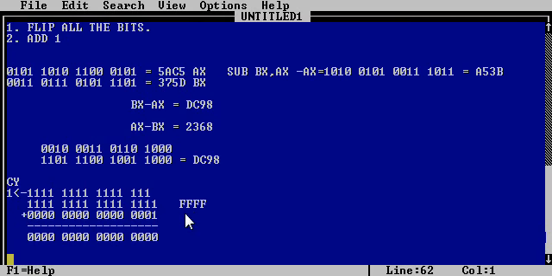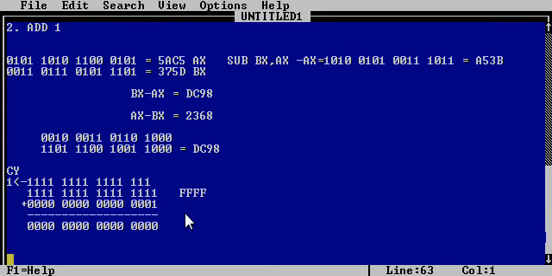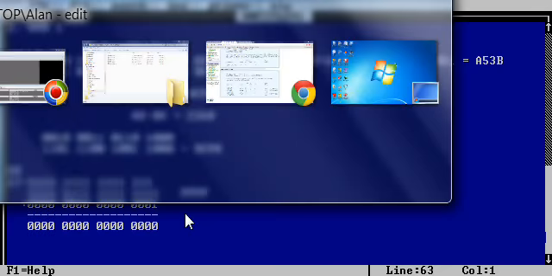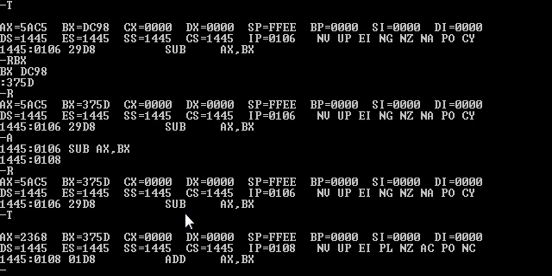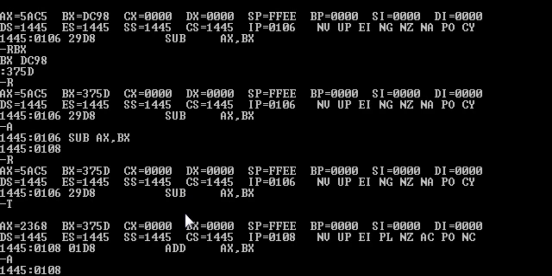And that's the way that the processor uses subtraction in order to determine bigger or smaller. In fact, there's an instruction called JC.